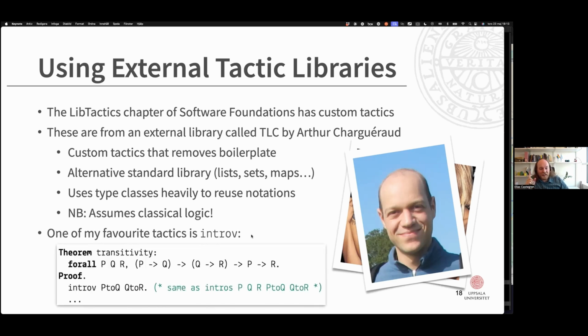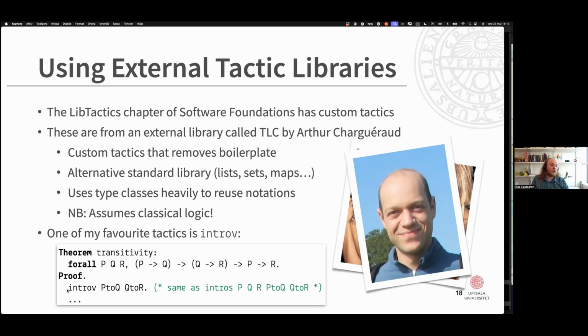One of my favorite things that I think they should bring into mainline Coq as is the new introduction tactic called intro V, where usually if you have something like this, then you always start your proofs by doing intros and all the same things that I wrote here. The only thing that's interesting is which names do I give to the hypotheses.